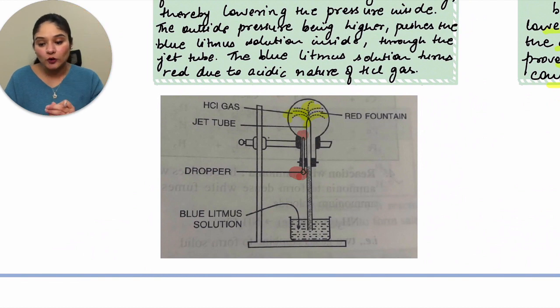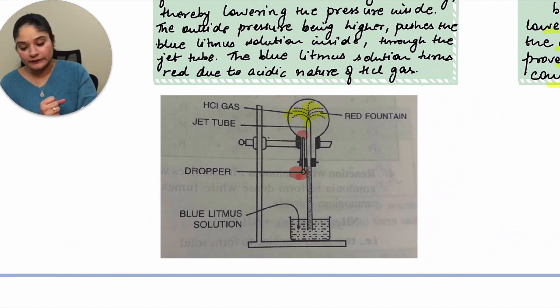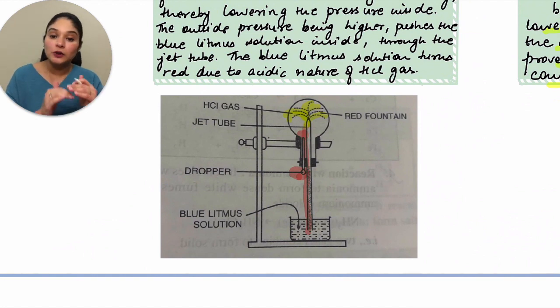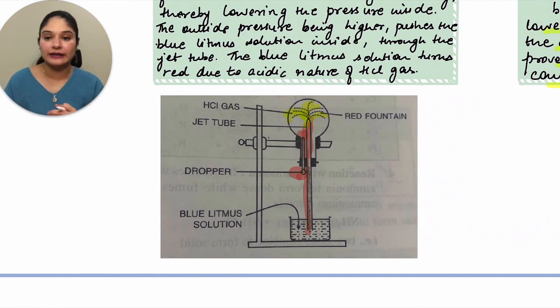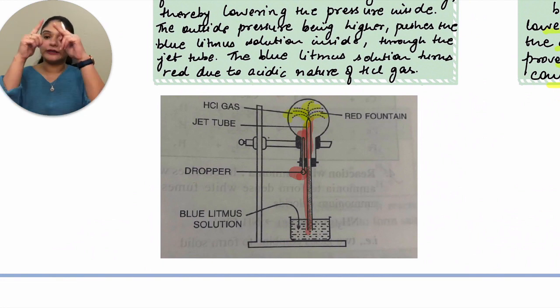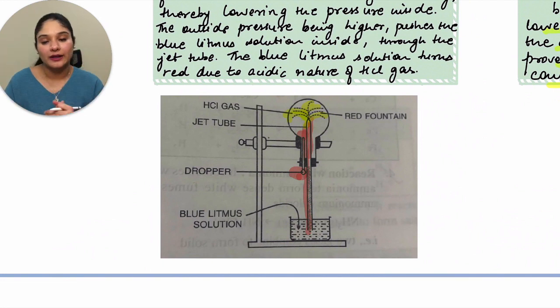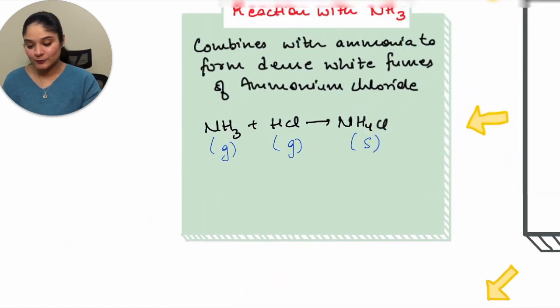And as vacuum is created, to occupy that space, blue litmus solution rushes up and it is blue in color. As soon as it reaches up and there is left out HCl gas in the jar, it turns it red because of its acidic nature. So you get a beautiful red fountain in the round bottomed flask. This is the fountain experiment. Okay, let's move to the next one.